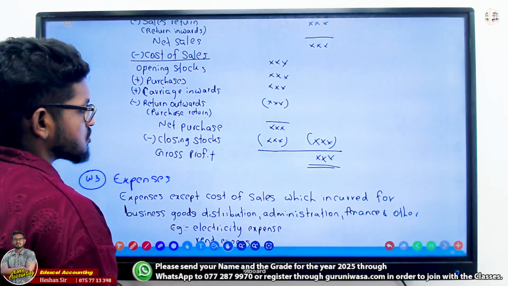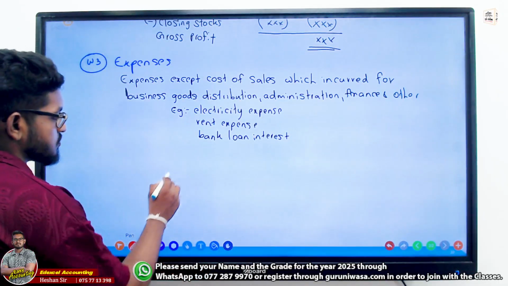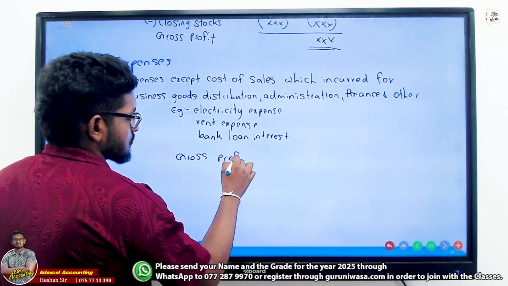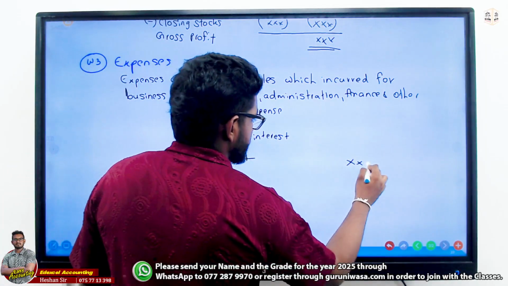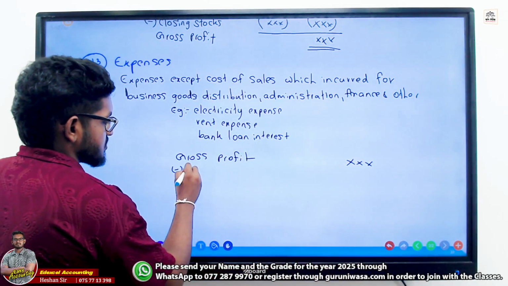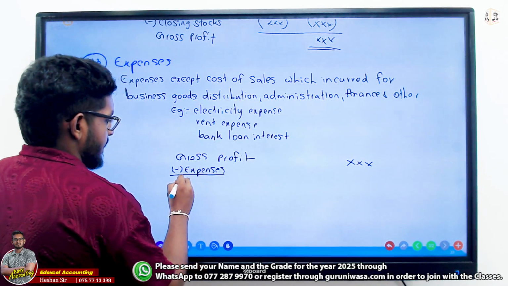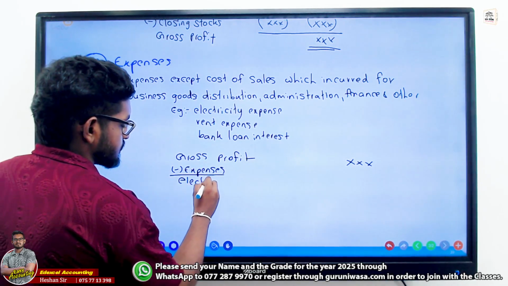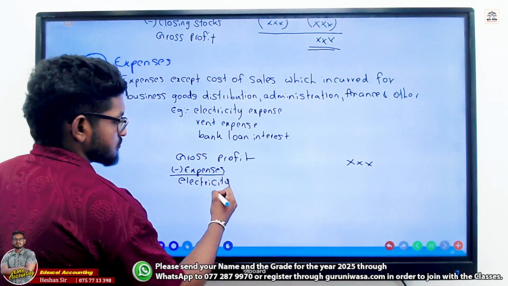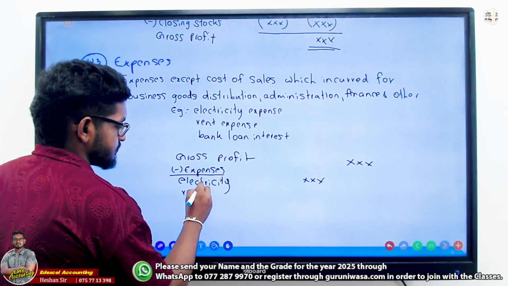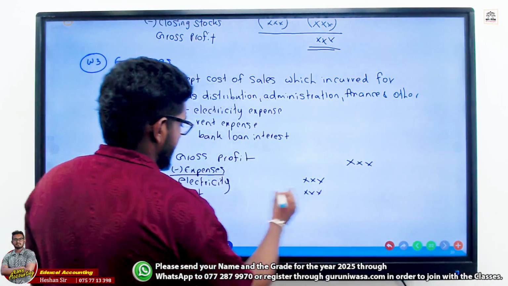Once we calculate the gross profit, we deduct the expenses like electricity, rent, delivery.